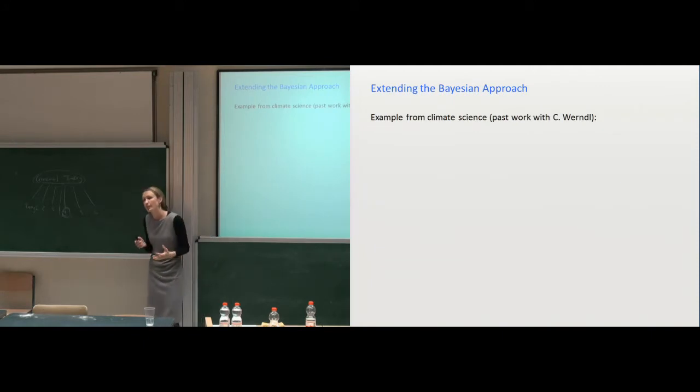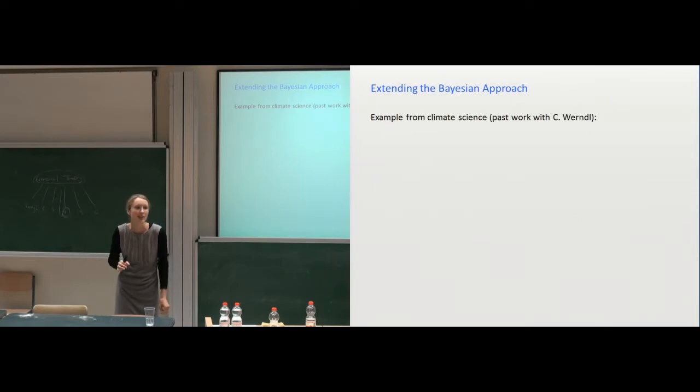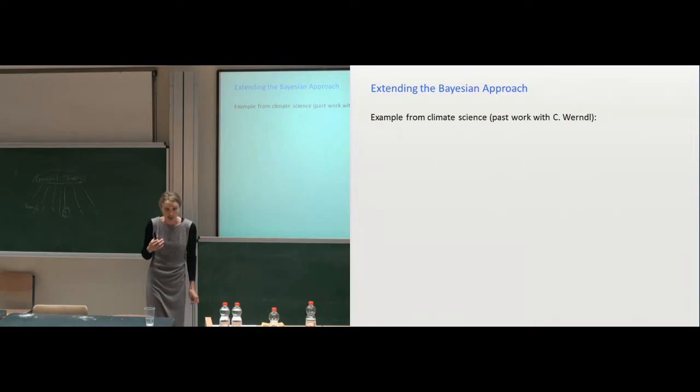So here's an example, just to give a bit of a break in a sense from climate science that Charlotte and I were working on, or looking at the way that some climate scientists were handling confirmation given fit.